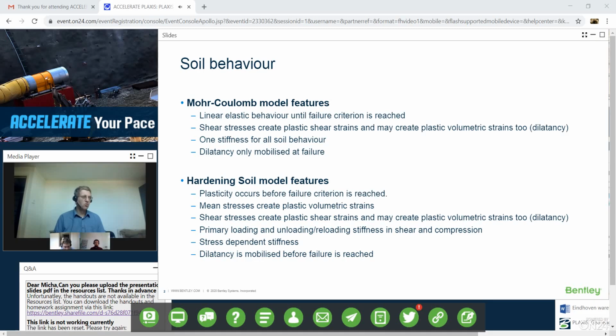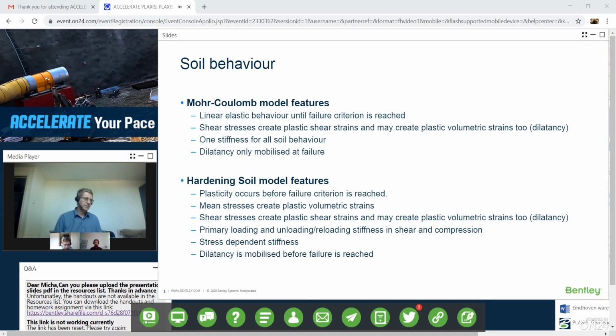If I do this with Mohr-Coulomb, what do I put in my Young's modulus? Not a primary loading stiffness, because I'm not primary loading in an excavation problem. If it had been an embankment problem, I could have chosen an oedometer stiffness, a one-dimensional compression stiffness, as the Young's modulus, because that is more suitable for that kind of project.